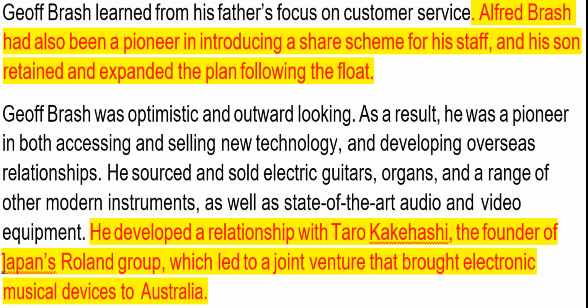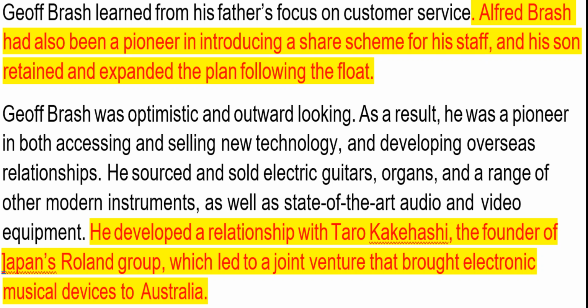So Alfred Brash, we have: set up, it means introducing, his employees, his staff. This is paraphrasing words. Actually, the answer should be a noun, because it asks which arrangement.